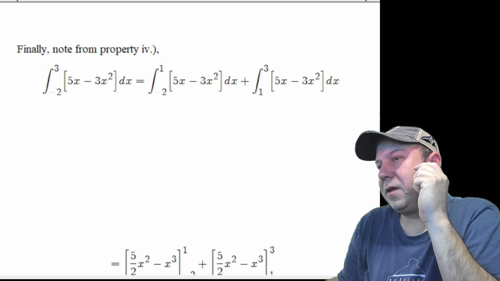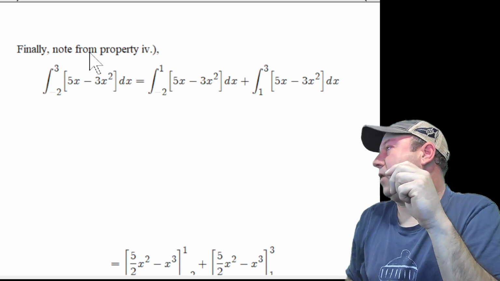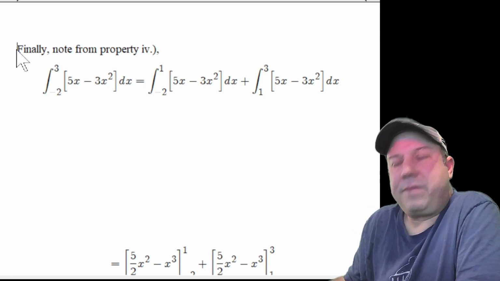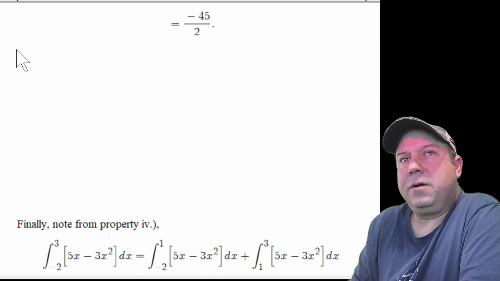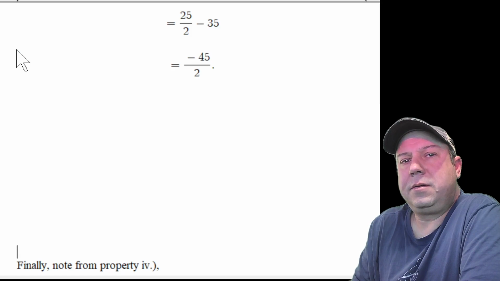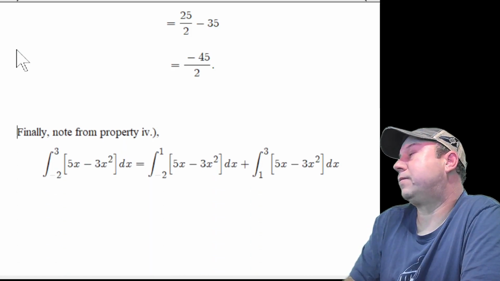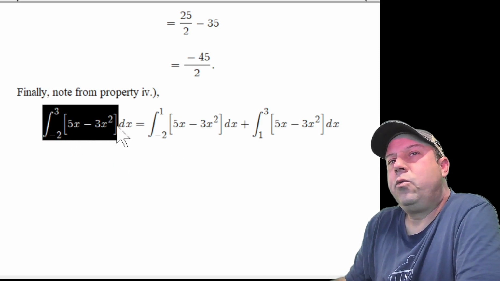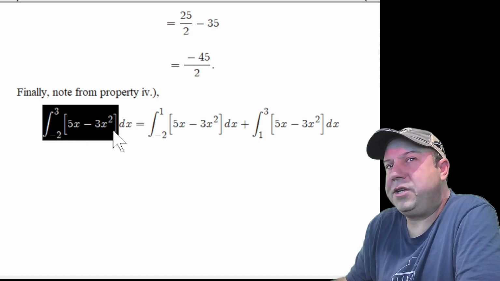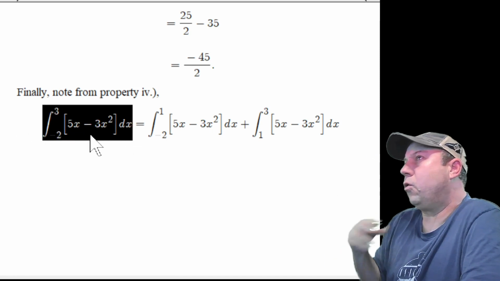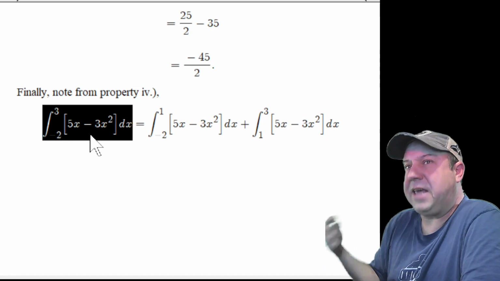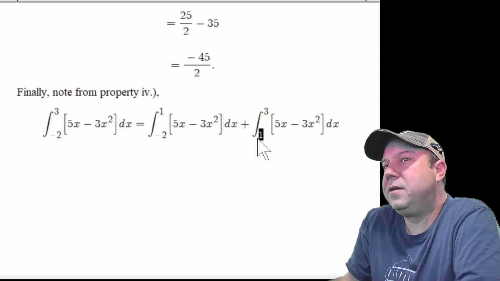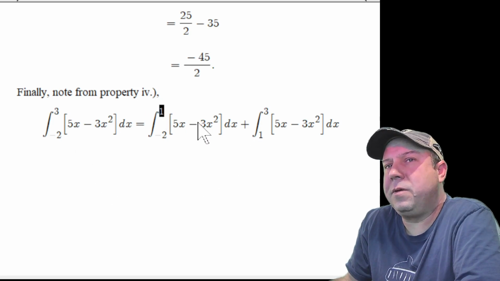All right. Let's look at one other property in this example. Finally, if we take note from property 4, we can actually divide this integration into any two or more integrals summed together if we break it apart at some common value of p.